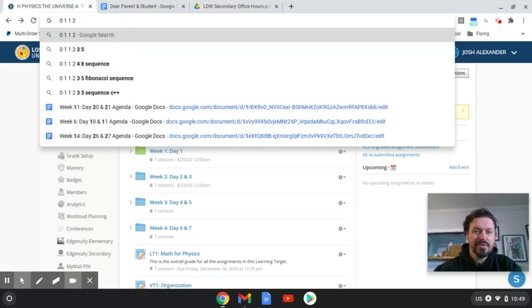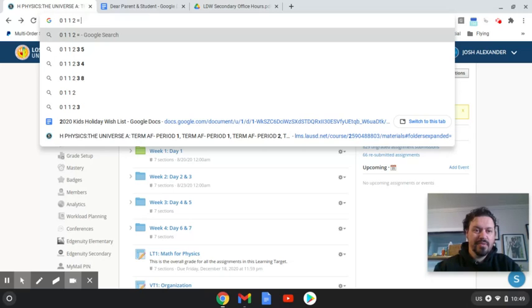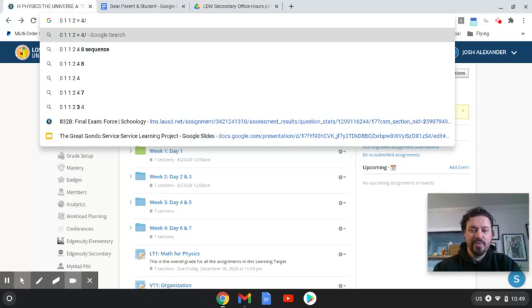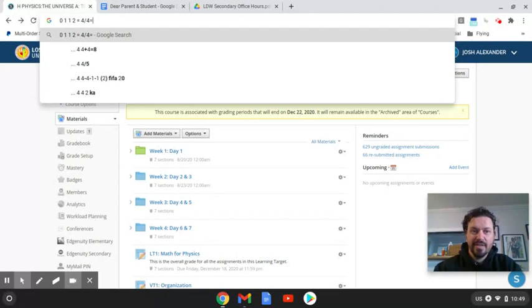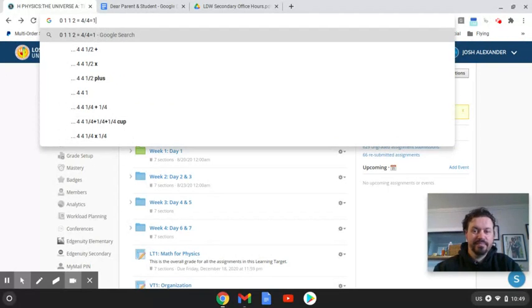Now, if you add all those up, you end up with a 4, and you divide that by 4 because there's 4 learning targets, and that equals 1. That's a D.